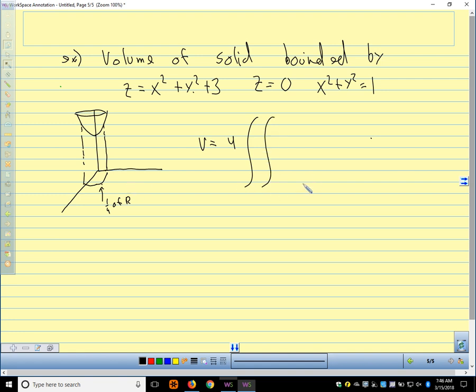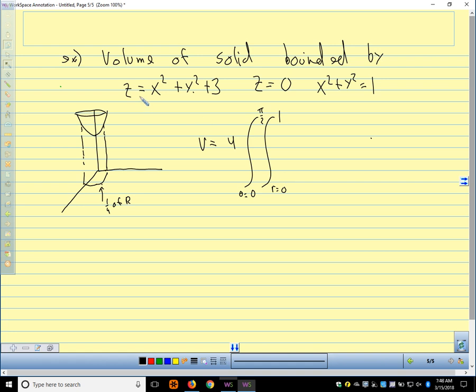So in the first quadrant, theta goes from 0 to pi over 2. In this region, the radius goes from what to what? 0 to 1.